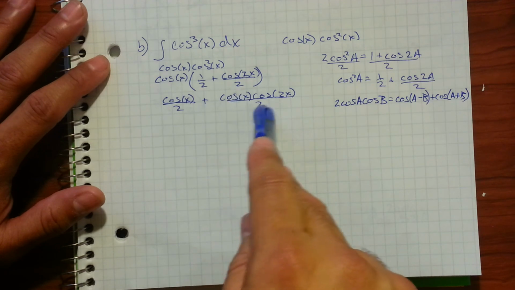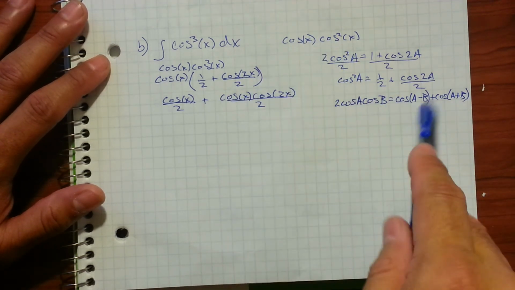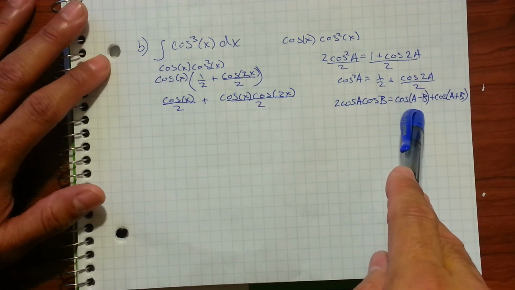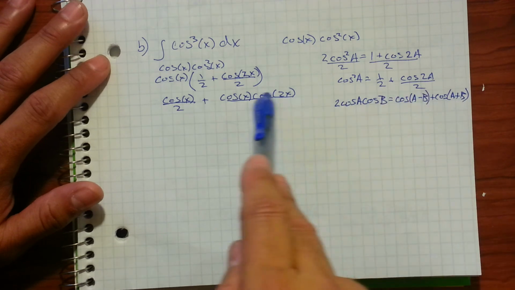If I were to rewrite this cosine 2x and cosine x, it would give me the same thing. But when I look over here at my identity, if I had the x minus 2x, that would give me a negative. I don't want to deal with that one right now.